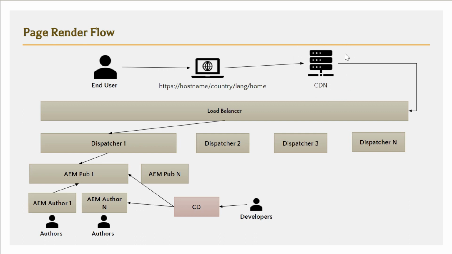The purpose of this network is to cache the files. Let us suppose this publish instance is in North America, and the request is originating from India. Now the request has to travel all the way through the network to North America and download the CSS files and JavaScript files, right?